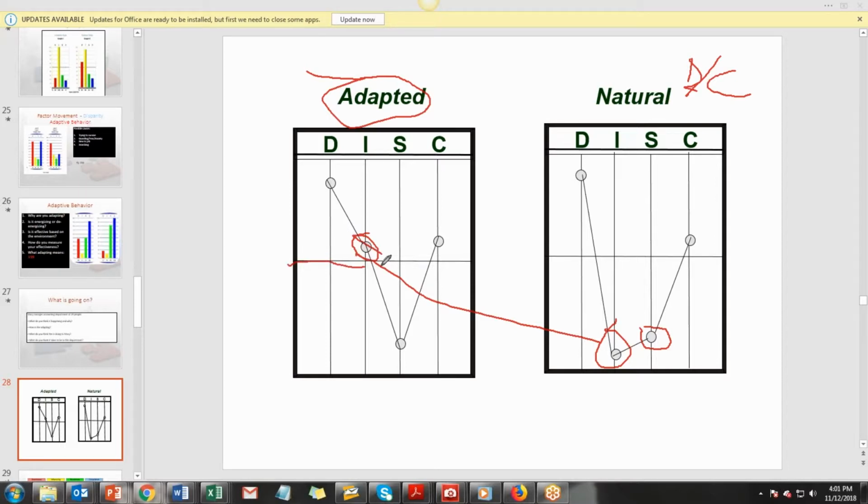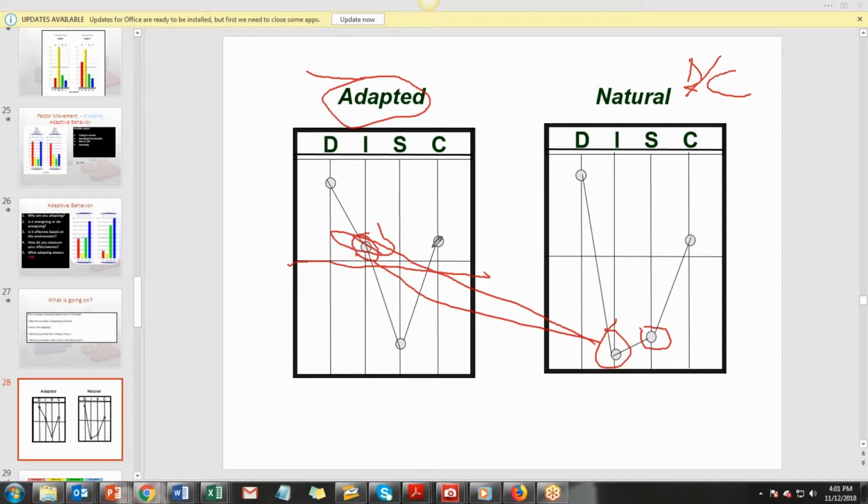When we talk about the energy line, what we're saying is that this person, like Mary, has to exhibit a lot more energy to be a people-oriented person. And if a person has to apply a lot of energy to either, in her case, raise the I or lower the D, it takes more energy, and they're more susceptible to burning out or driving everybody crazy.